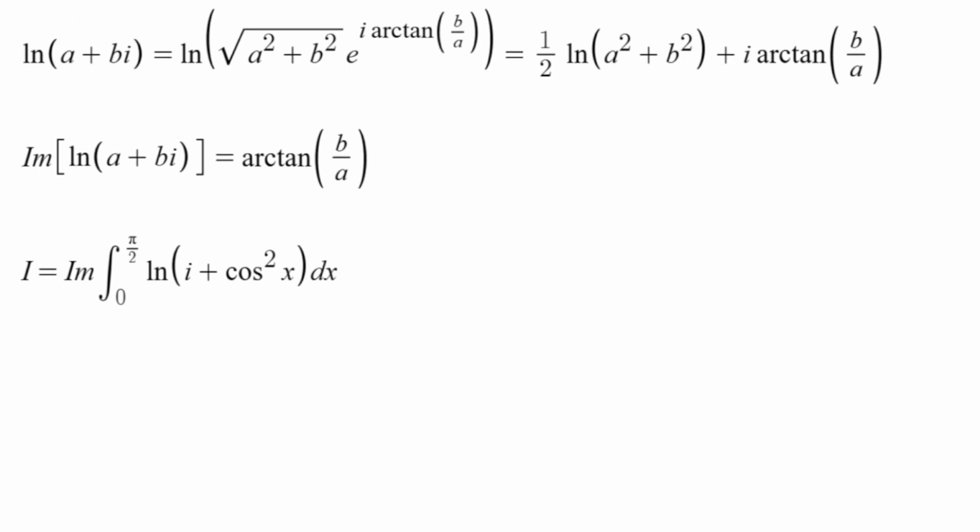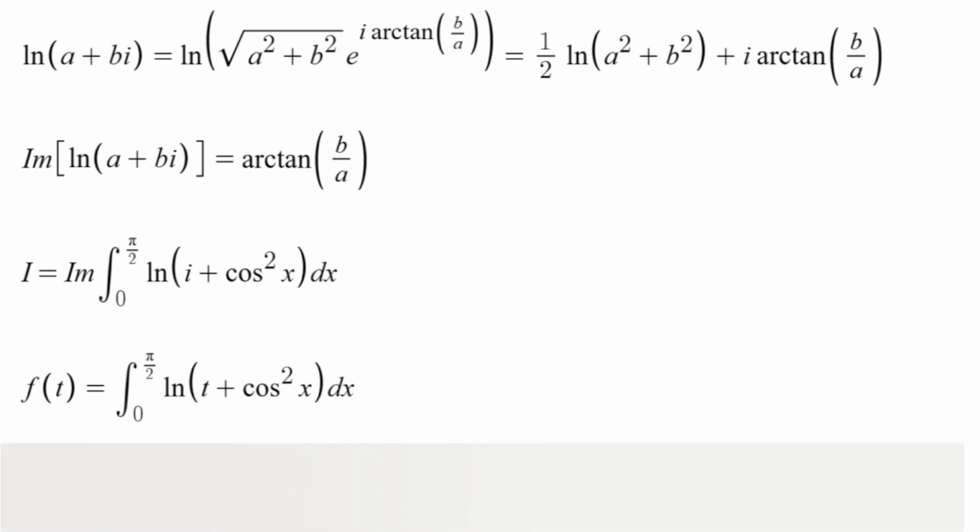Well, why did I do that? Because I've already developed formulas on this channel of this form. If you have some function of t that's equal to the integral from 0 to pi over 2 of the natural log of t plus cosine squared x dx, I've solved similar functions like that on this channel before. You can see that we just have an i replacing our t.